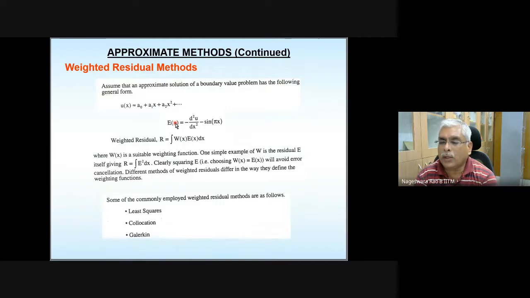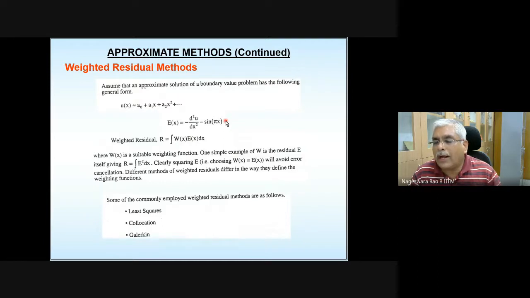That is what is called error cancellation. Integration means summation over the domain of the problem, 0 to 1. So when you integrate just the error from 0 to 1, there may be an issue of error cancellation.